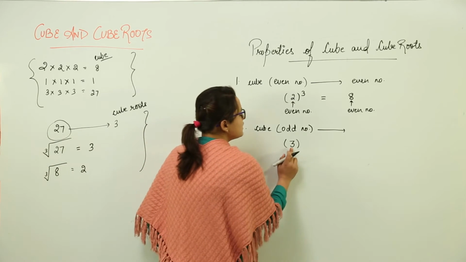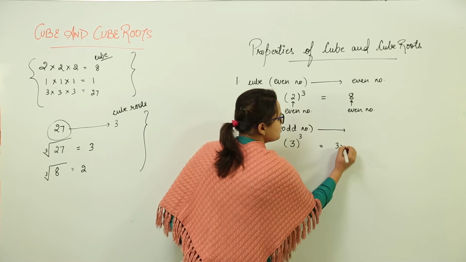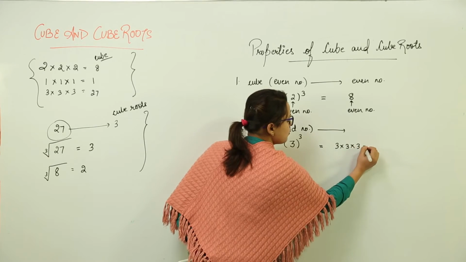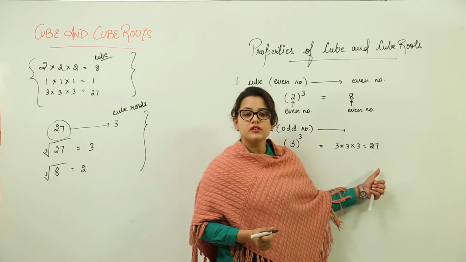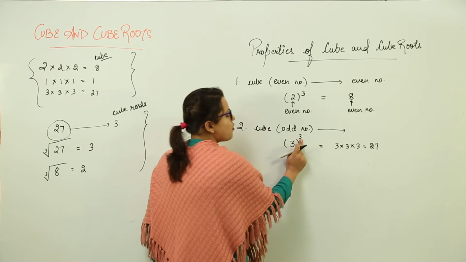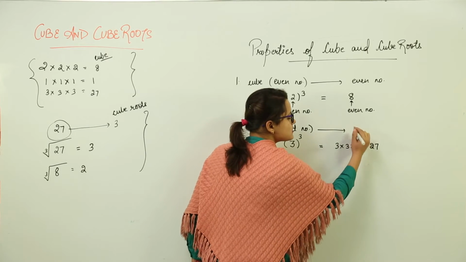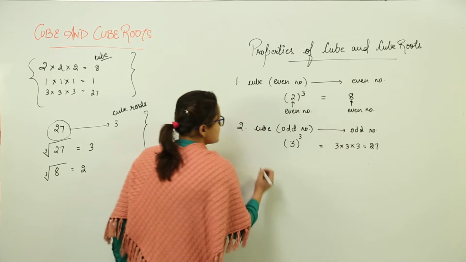So over here, what will be the cube for 3? It would be 3 into 3 into 3, that we know would be 27. Now over here you can check that 27 is also an odd number. That means when you do the cube of odd numbers, what you get as the answer? Odd numbers only, right? So that makes my second property.